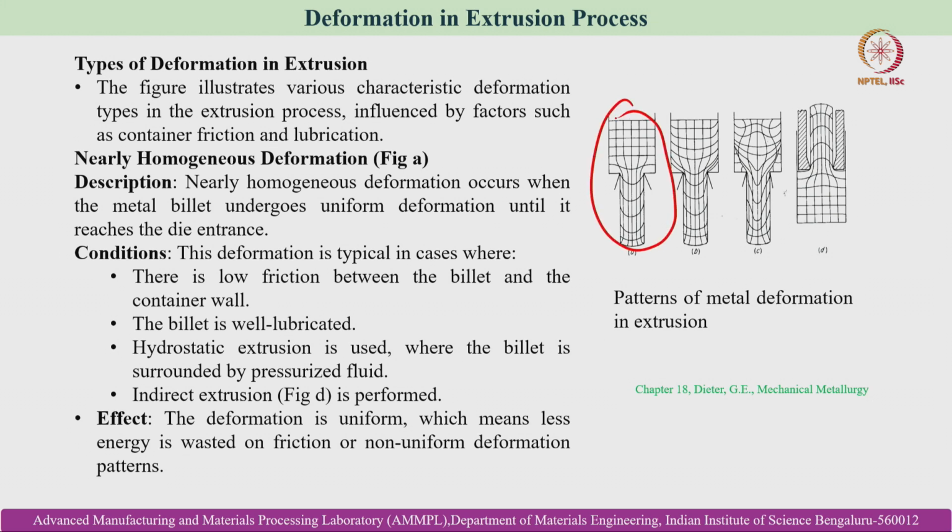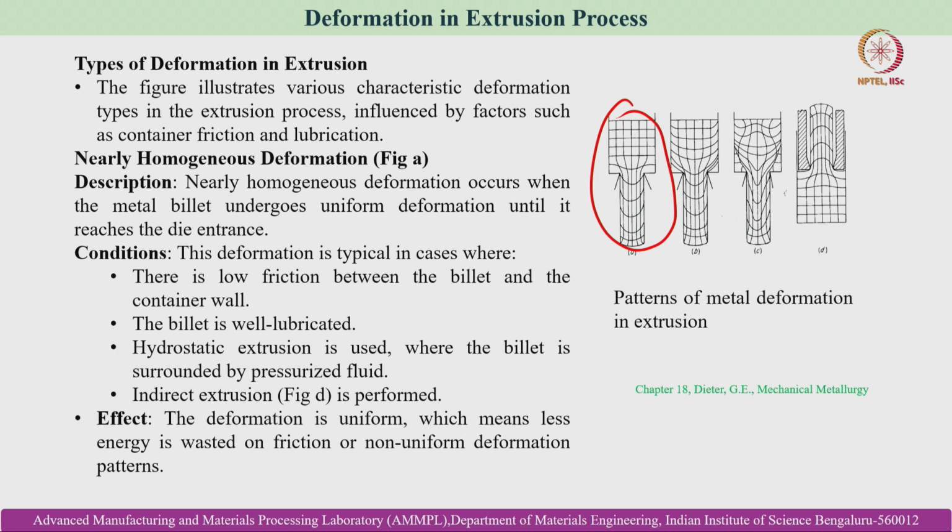This deformation process is influenced by factors such as container friction and lubrication, and of course, if there is proper lubrication of the die and the workpiece, the billet interface, then the frictional losses decrease and the deformation becomes easier.